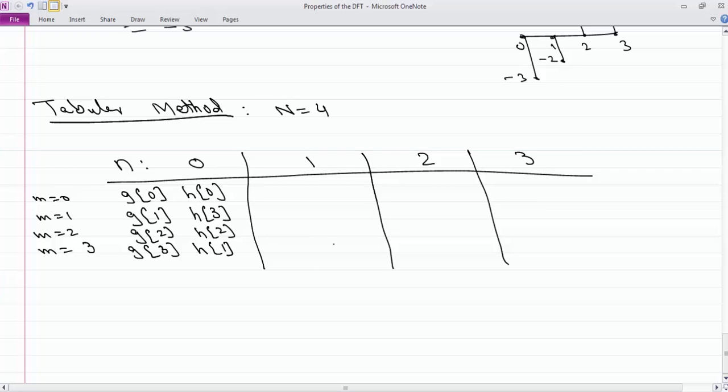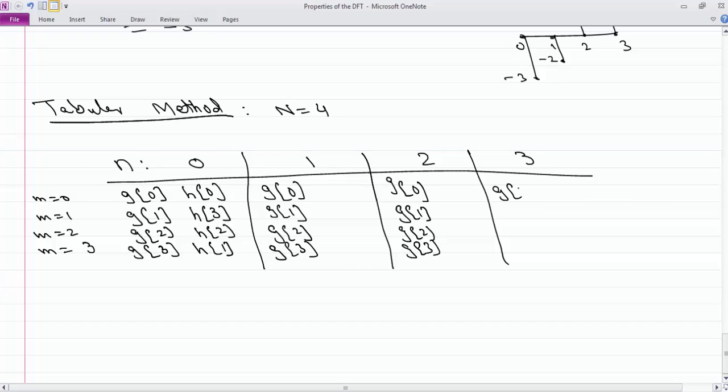Now, for every n, this g will always be fixed: g0, g1, g2, and g3. Doesn't matter which n you are using, that will always be fixed.